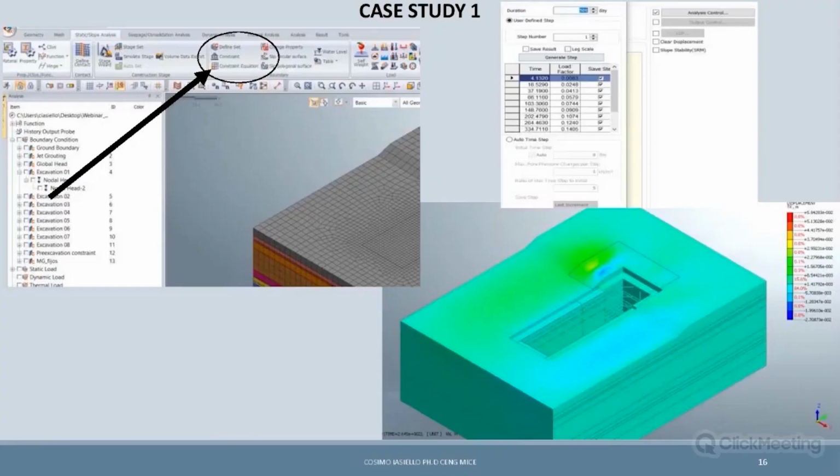As you can see, how can we establish it in MIDAS? For each stage, we design an excavation, and this excavation has a nodal head. So this is fully coupled with manual dewatering.